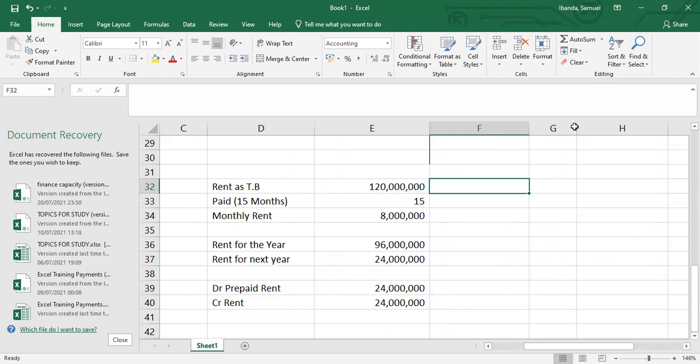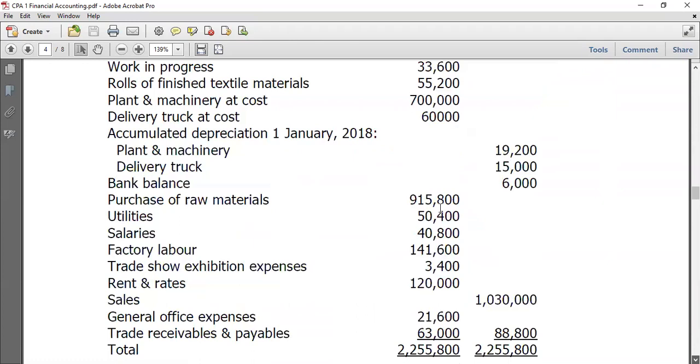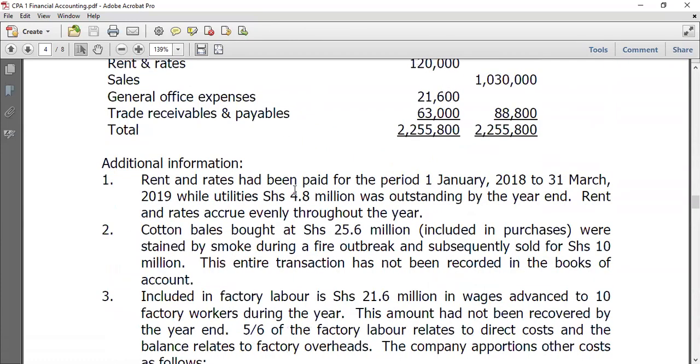So we are going to now look at the part of rent and rates. Sorry, we're going to look at the utilities. So they are saying utilities worth 4.6 million was outstanding by the year end.